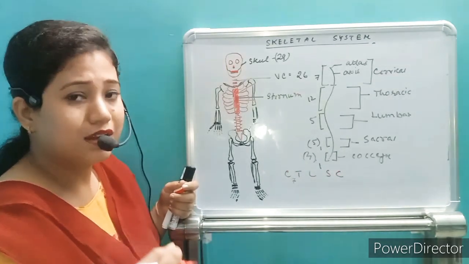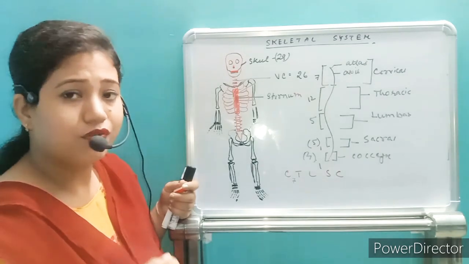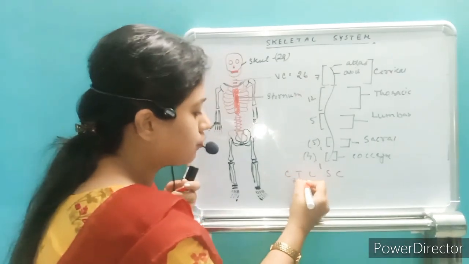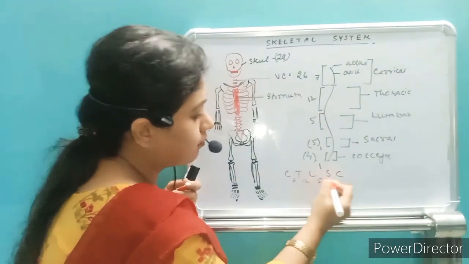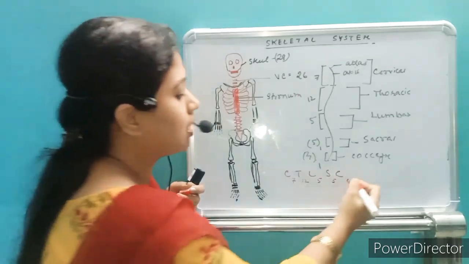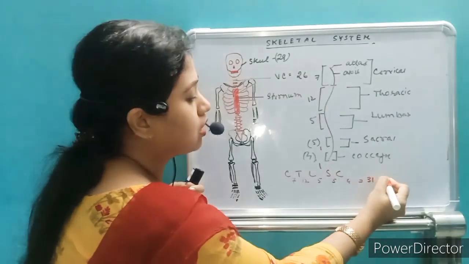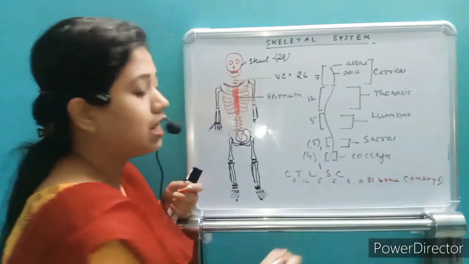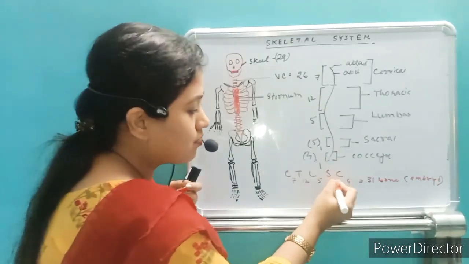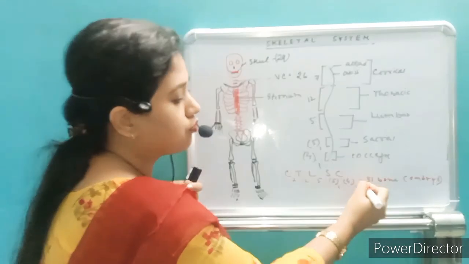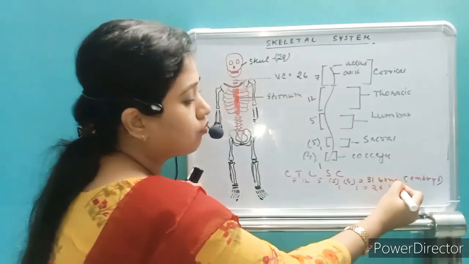So 7 cervical bones is a characteristic feature of mammals. So 7 cervical, 12 thoracic, 5 lumbar, 5 sacral and 4 coccyx bones are there. That makes 31 bones in the embryonic state. Okay, but what happens in a later period of time? These 5 sacral bones fuse to form only one bone and 4 coccyx bones fuse to form only one bone.